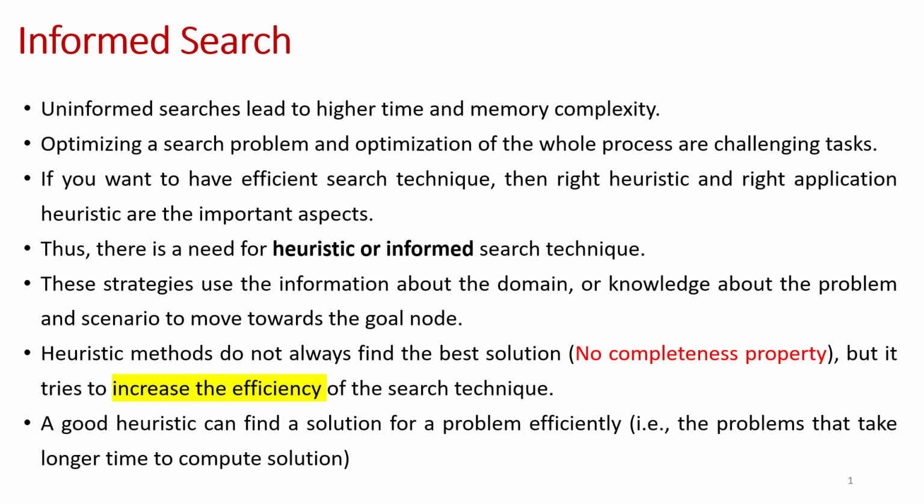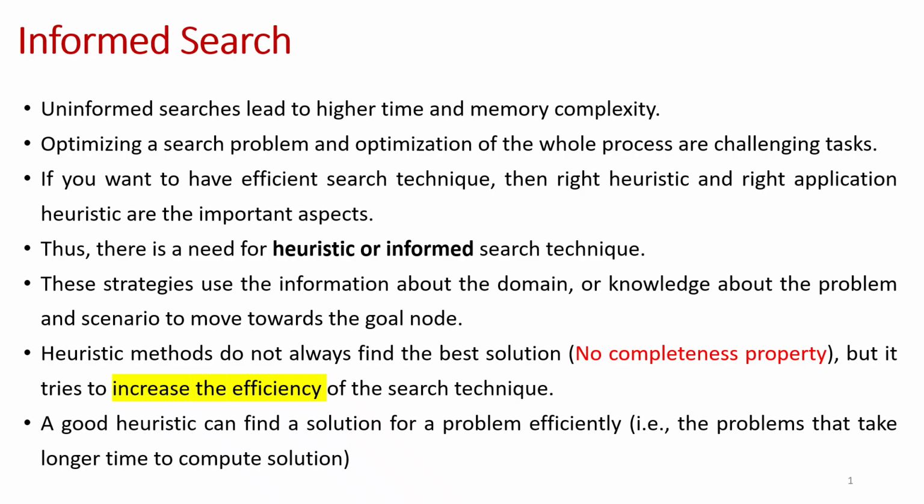Moving to informed search, we already know about it, so it is a heuristic search. It is a strategy of searching that uses knowledge about the problem to guide the search process towards the goal more efficiently. In uninformed search methods, we explore the search space without any knowledge of where the goal might be.